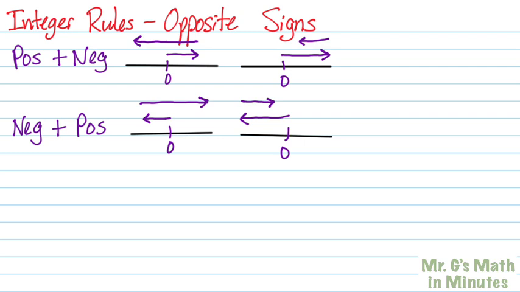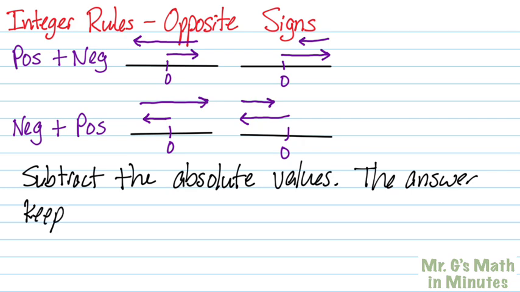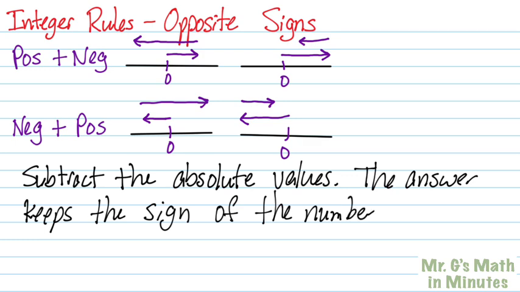So the rule for opposite signs in addition is that you subtract the absolute values of your two numbers, and then the answer keeps the sign of the number with the largest absolute value.